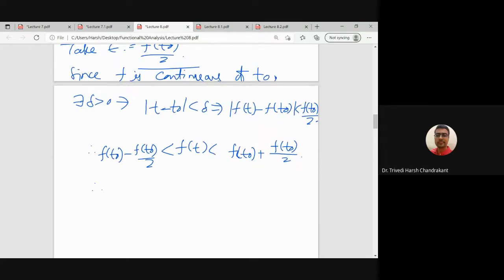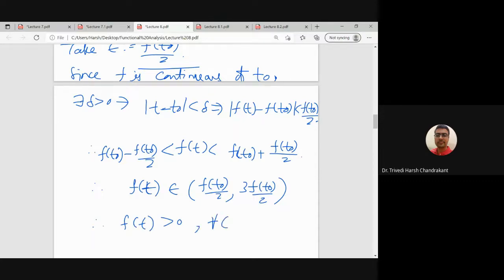So that will give us f(t) belongs to f(t naught) by 2 to 3 times f(t naught) by 2, and f(t naught) is positive. So that means f(t) is greater than 0 for all t belongs to this interval.